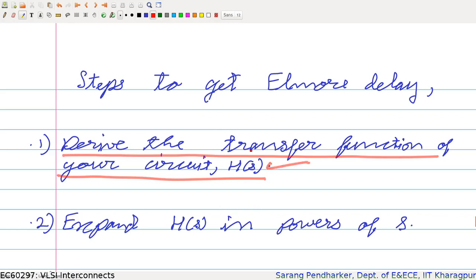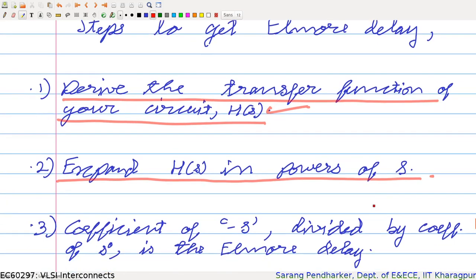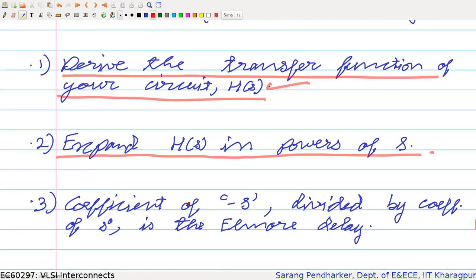Once we have h of s, we expand h of s in powers of s. Once we have expanded h of s in powers of s, we simply collect the coefficient of minus s and divide by the coefficient of s to the power 0, the constant coefficient, and that gives me the Elmore delay.